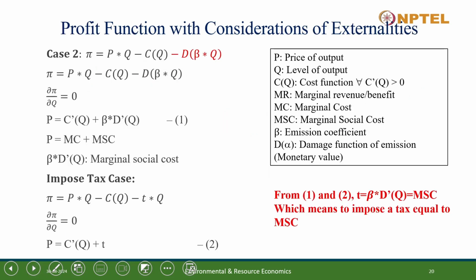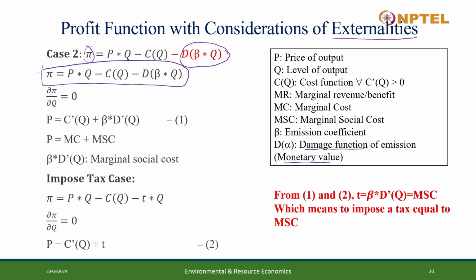Okay, now we will move to the second case, when the externalities a firm causes are included in its profit function. Then the environmental degradation function or damage function has to be included in its profit, because they are damaging the environment, for which a cost has to be incurred, right? So in this case the profit function looks like this.